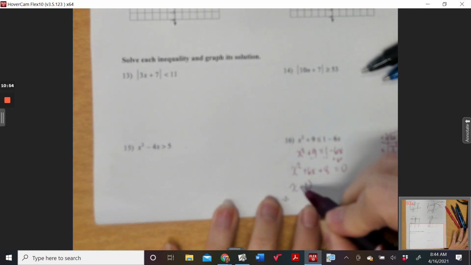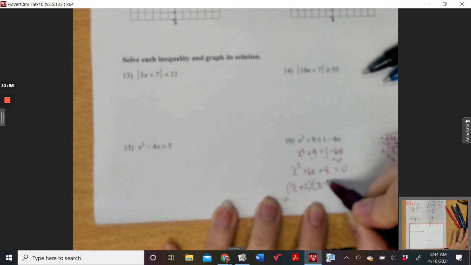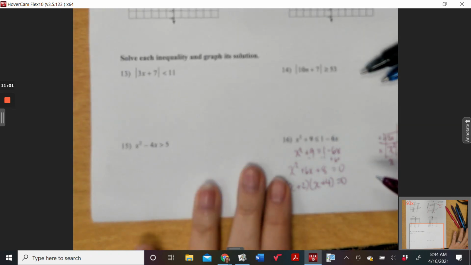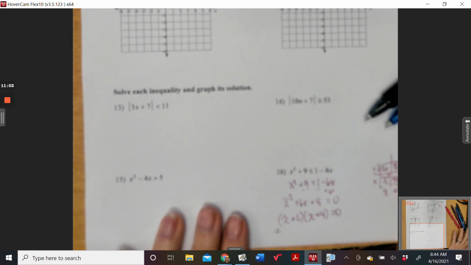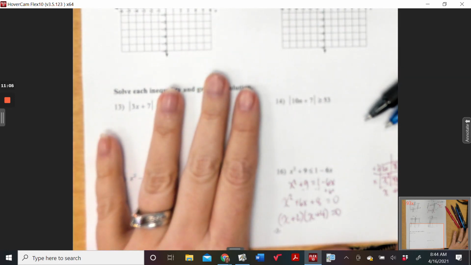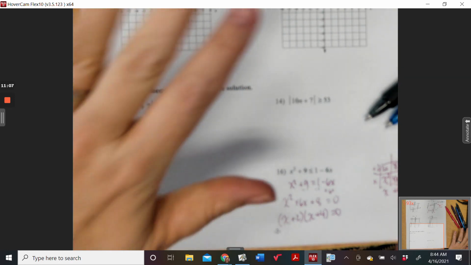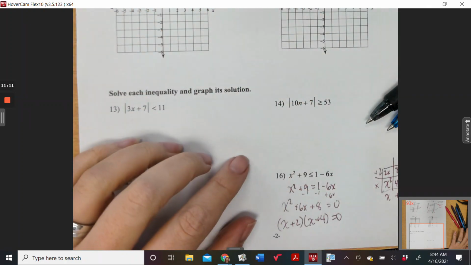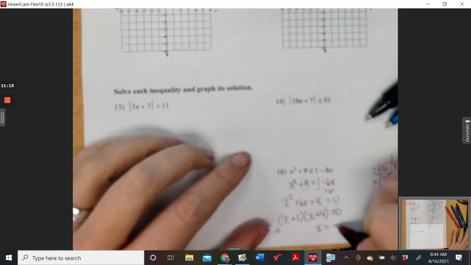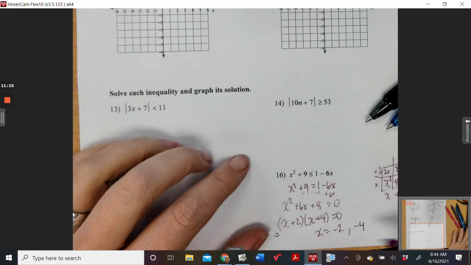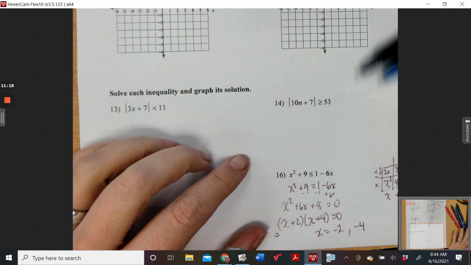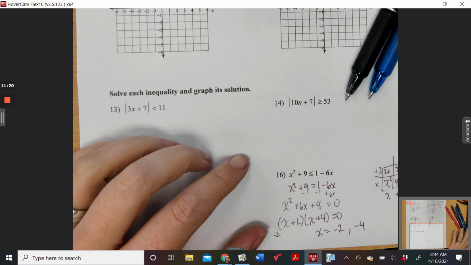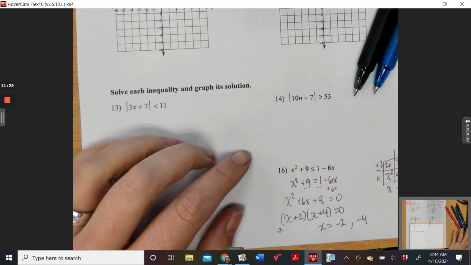X plus 2 equals 0, x plus 4 equals 0, which means that x is equal to -2 and -4, and those are my boundary points. So I just solve it in a normal fashion so I can find my boundary points.